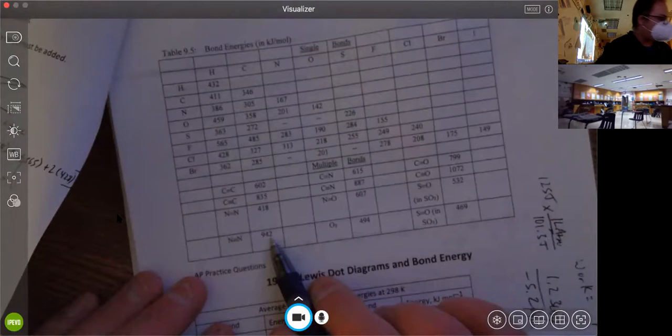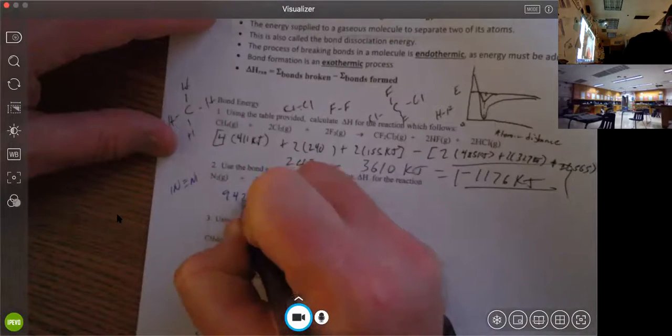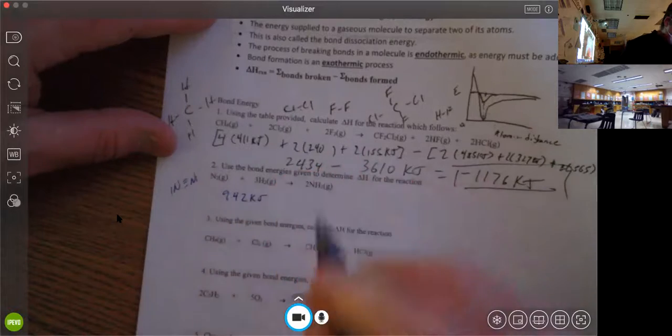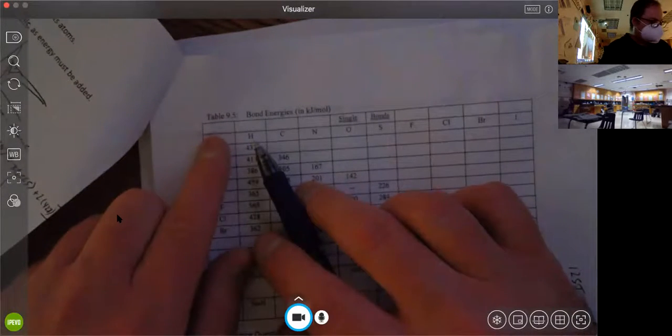Down here, it's 942. We have 1 mole, so that is bonds that are going to be broken, 942 kilojoules per mole. We have 3 hydrogen. So 3 moles of hydrogen, that is 1 single bond, that's 432 kilojoules per mole each.